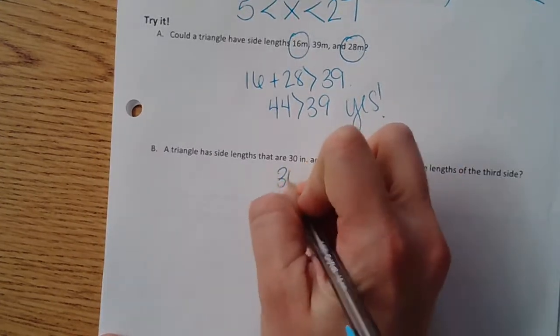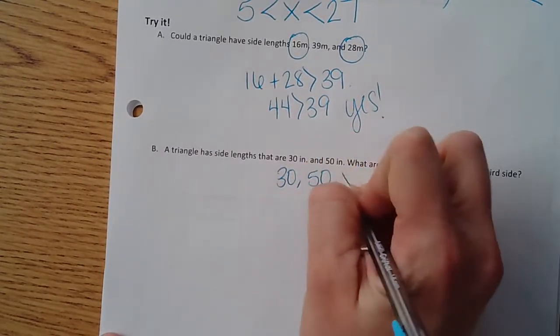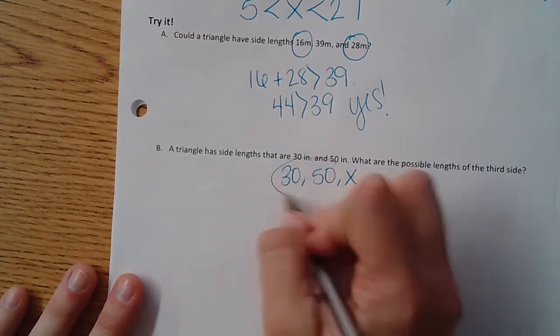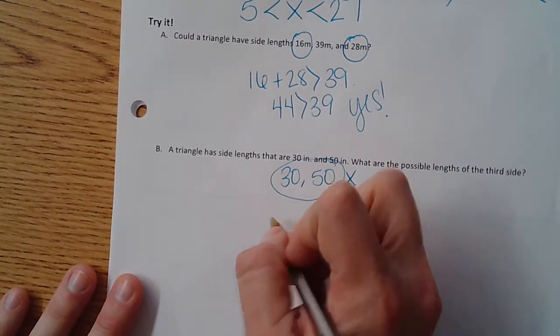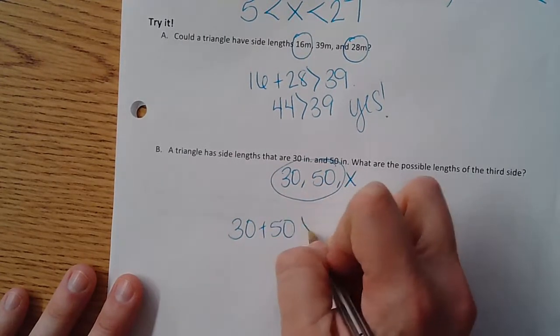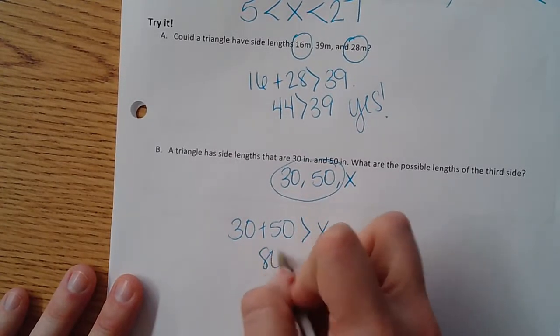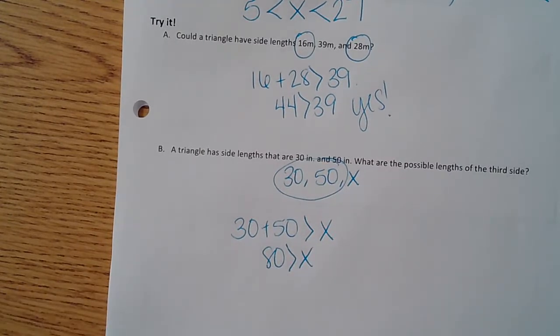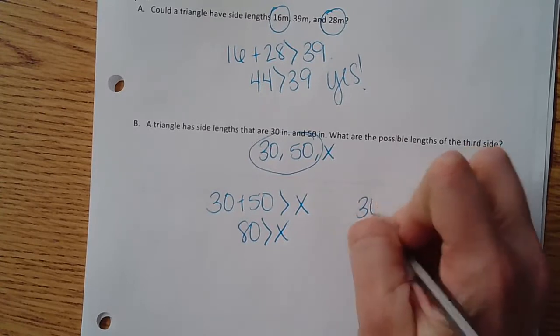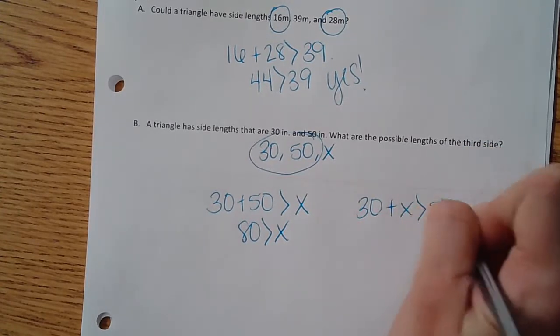Here, I have 30, 50, x. What is the range? Well, here's the trick. You take these two and add them together. 30 plus 50 has to be greater than x. So that means x, or 80, is the biggest it can be. Then I know 30 plus x has to be bigger than 50.